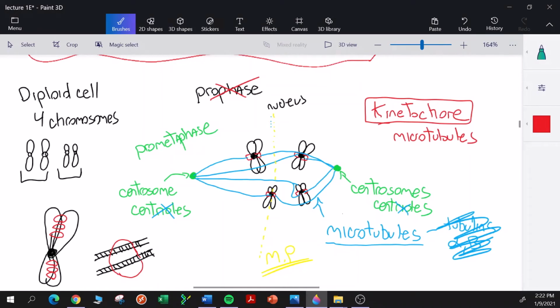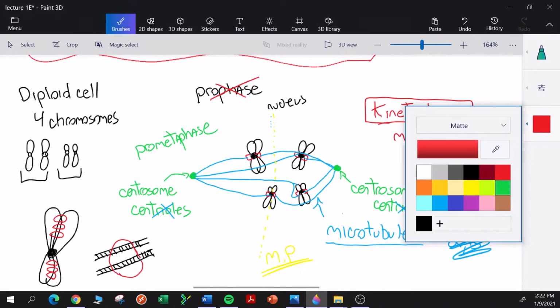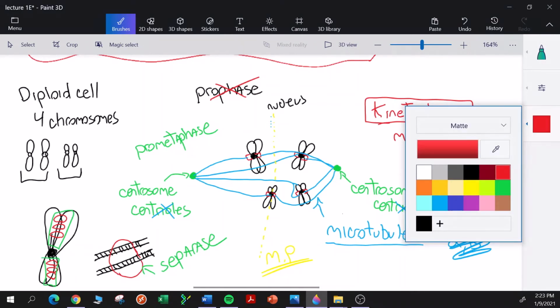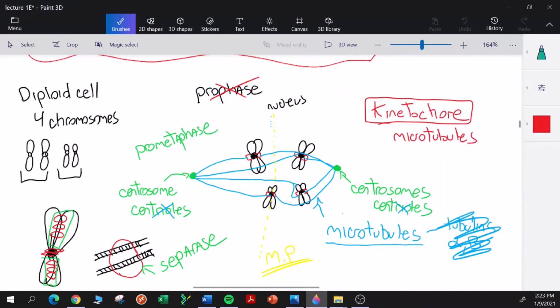And so these two chromosome arms are going to be very tightly associated during prophase. But the cohesin gets degraded by an enzyme called separase during prometaphase, and it only gets degraded along the arms. So there's also cohesin holding the sister chromatids together at the centromere, but that cohesin is not degraded during prometaphase.